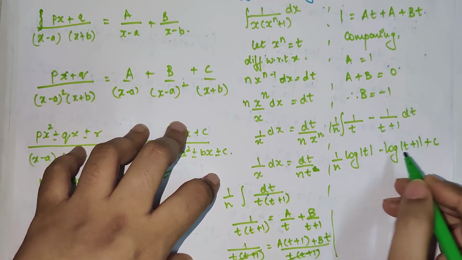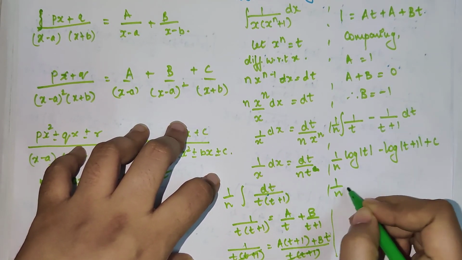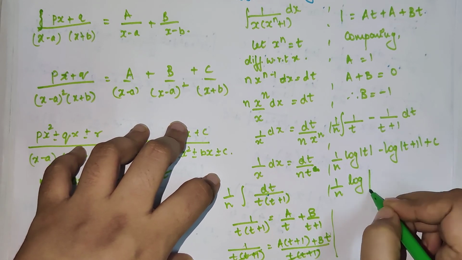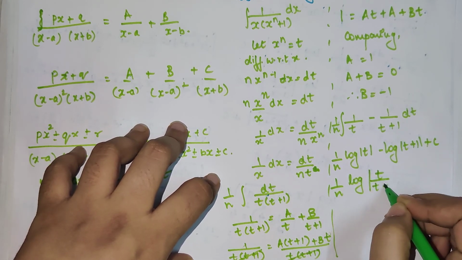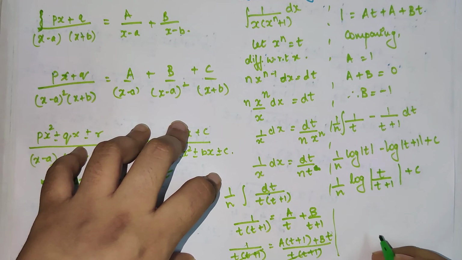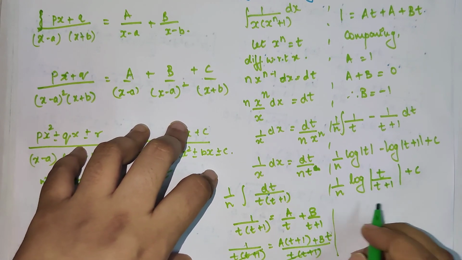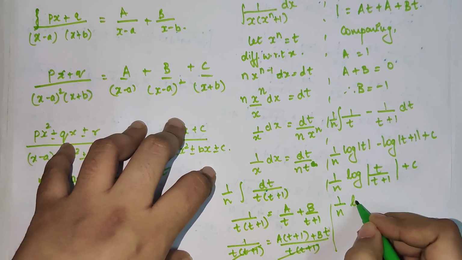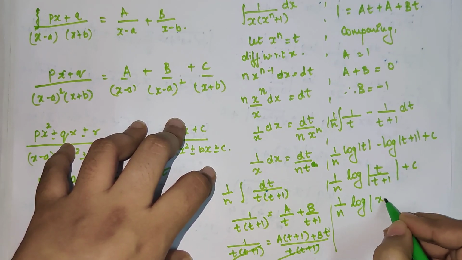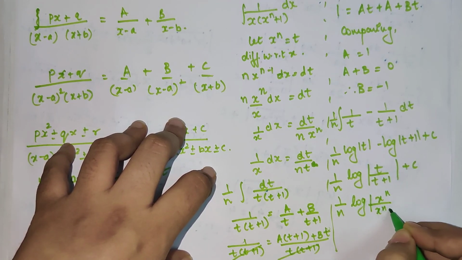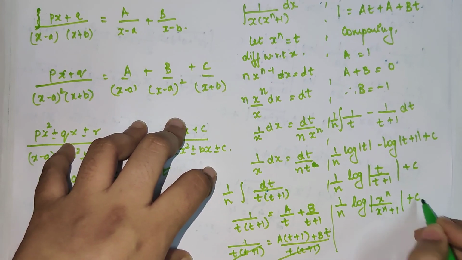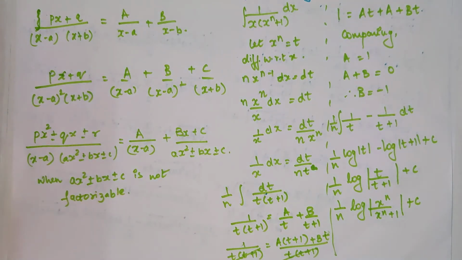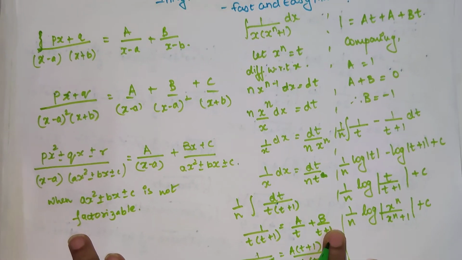Now log a minus log b can be written as 1 upon n log of t upon t plus 1 plus c. But as we know, we do not leave our answers in terms of t, so we will resubstitute the value of t, which is x raised to n upon x raised to n plus 1 plus c. So students, you saw this complicated looking sum can actually be solved with the help of partial fractions.